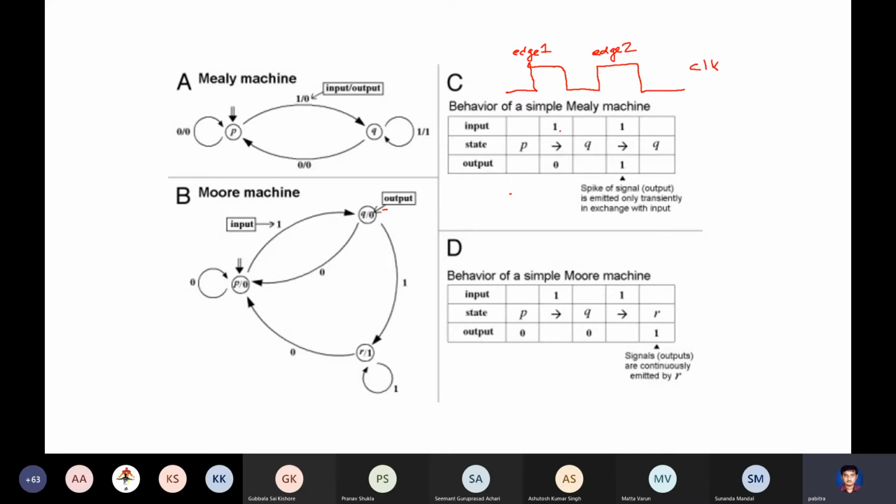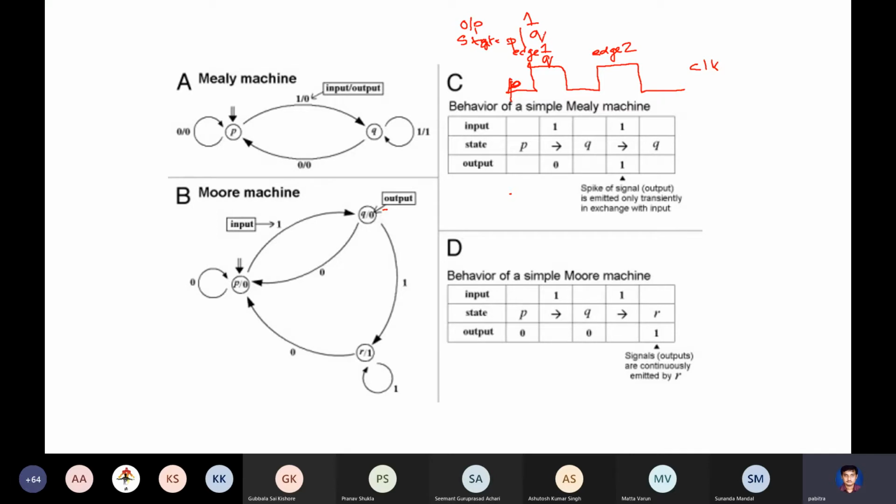So here I was in state P. On receiving an input 1, I go to state Q. I transition to state Q denoted by this arrow, and I produce an output of 1. And this is my state. So this was in P, and here it comes to Q.